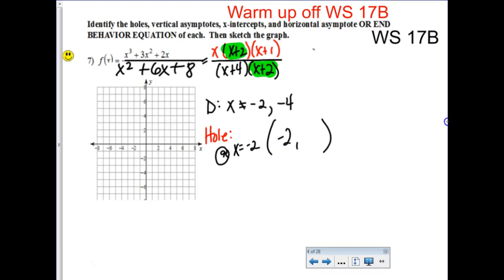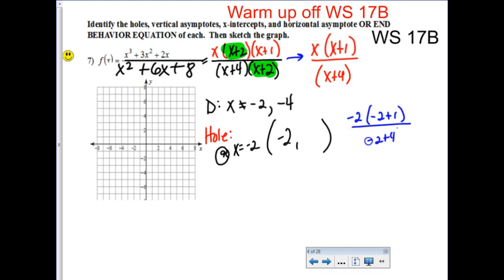And then when you go to find the y value for the hole, you have to go to what's called the reduced version of your rational. So x times x plus 1 over x plus 4. That's the reduced version. So what happens once you remove the discontinuity? Plugging in a -2 there, you're going to get -2 times -2 plus 1 over -2 plus 4.